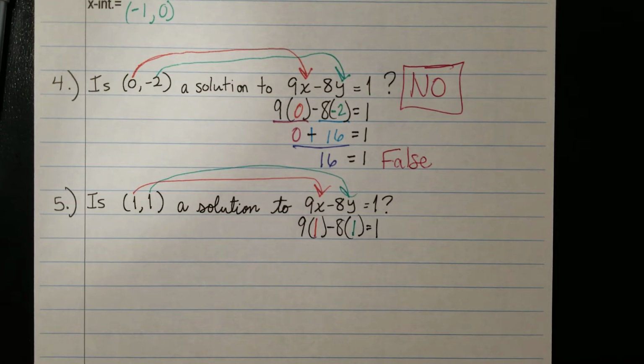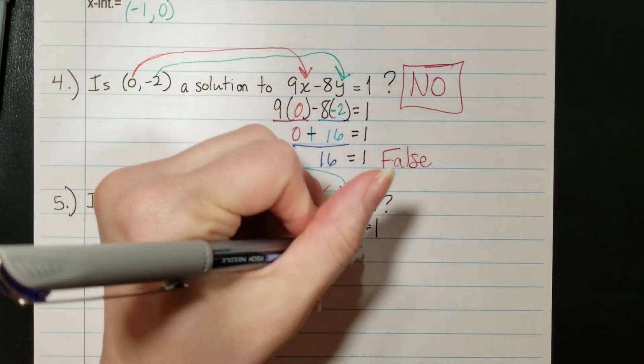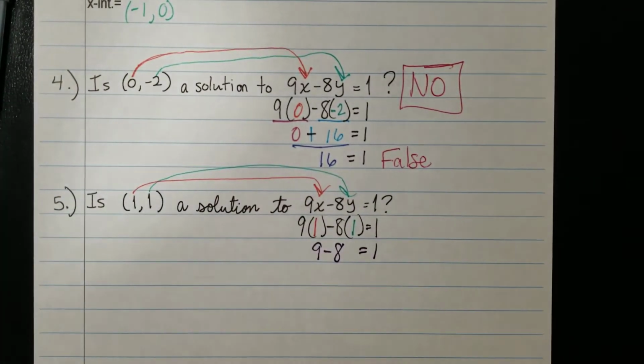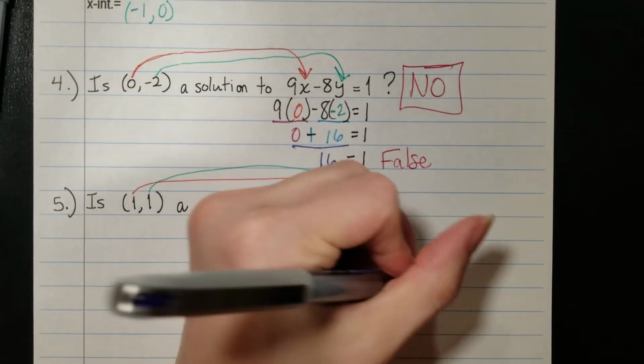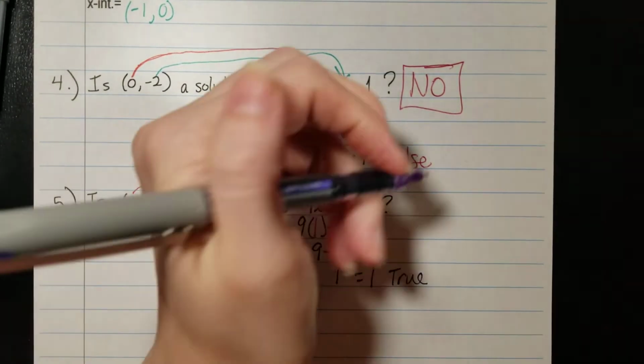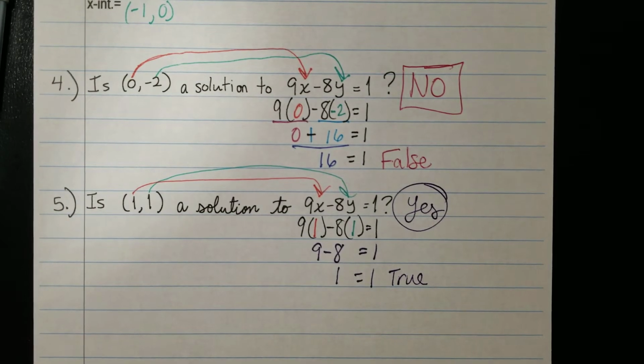So 9 times 1 is 9, and 8 times 1 is 8. So 9 minus 8 is equal to 1. That is true. So the answer to this question is yes.